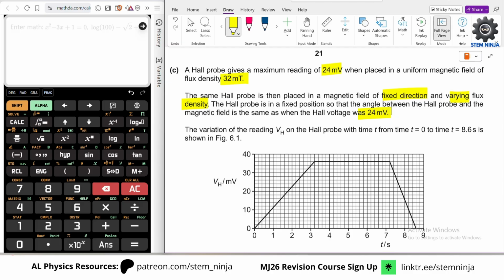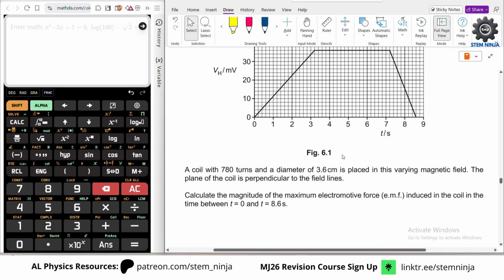So basically it's placed in the same orientation. Variation of the reading VH on the Hall probe with time t from t equals 0 to t equals 8.6 seconds is shown in figure 6.1. A coil with 780 turns and a diameter of 3.6 centimeters is placed in this varying magnetic field. The plane of the coil is perpendicular to field lines. Calculate the magnitude of maximum electromotive force induced in the coil.